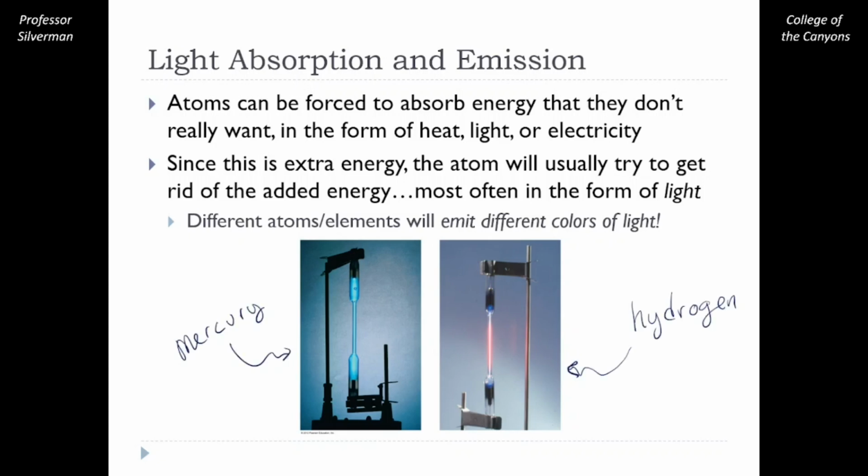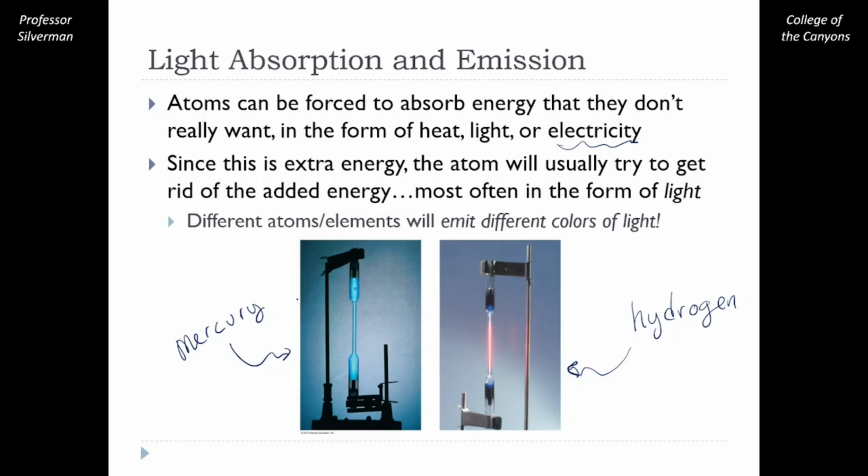Here's what this looks like. You can make some gas light bulbs by trapping gas in a glass tube, connecting it to a power source, and pumping it full of electricity. Once those atoms grab that extra energy, they get rid of it in the form of light.